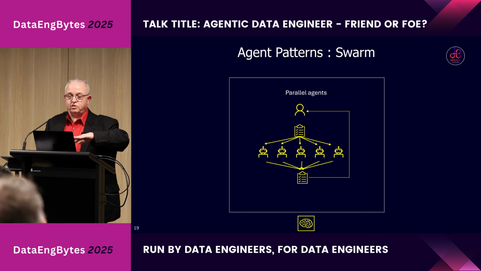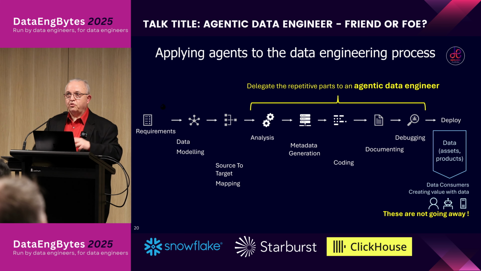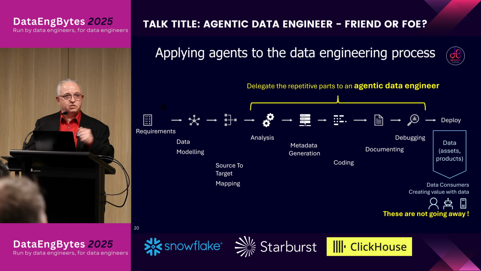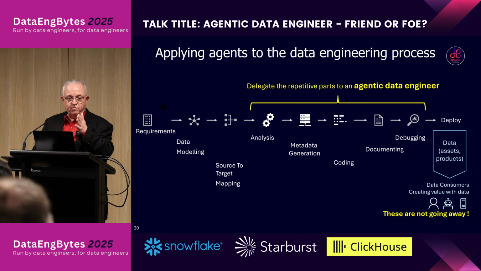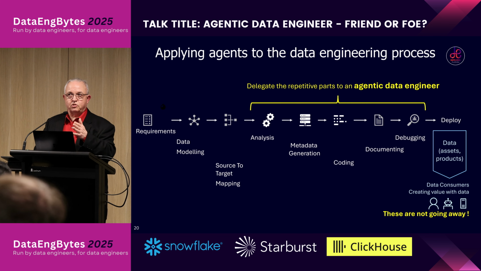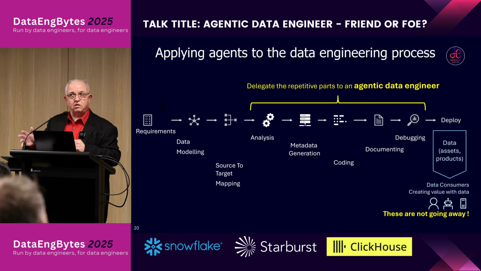Now, if you apply those patterns to the business of data engineering, you don't just try and do everything from requirements through to production. You look at what is the repetitive part of the process that we as data engineers go through. And it's the process of going from the source to target mapping through to having a debugged set of code.